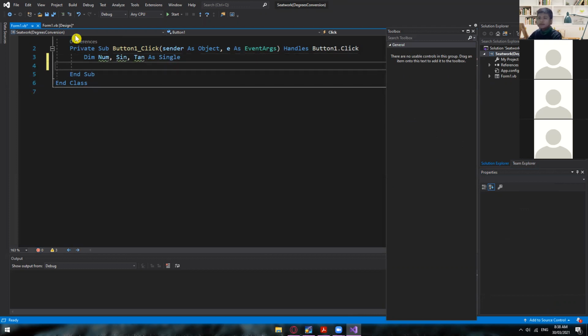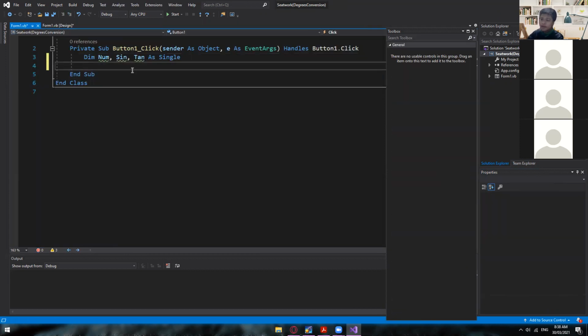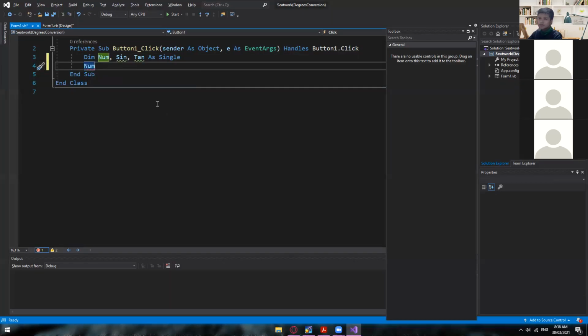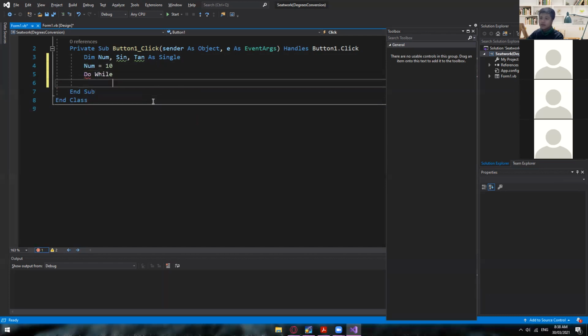And then we have to solve for the value of num. So num initially we have here 0, and then step by 10, so 0 to 80. So num is equal to 10, and then do. I will use a do while loop.